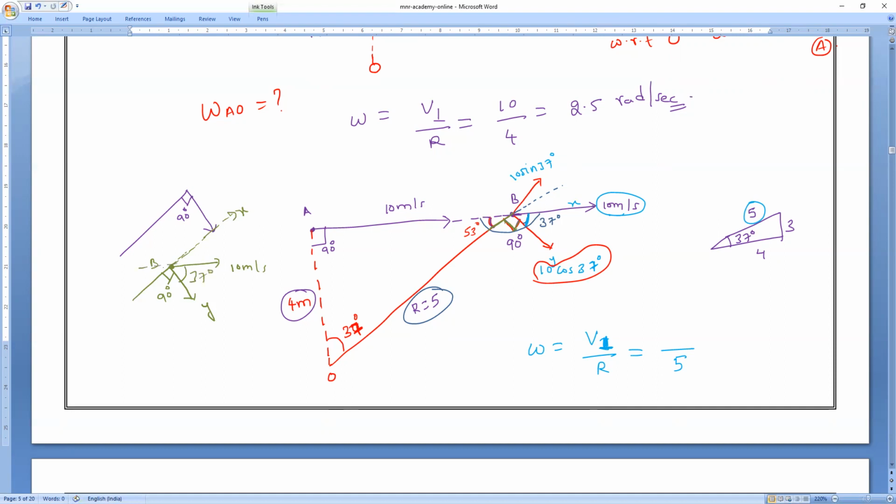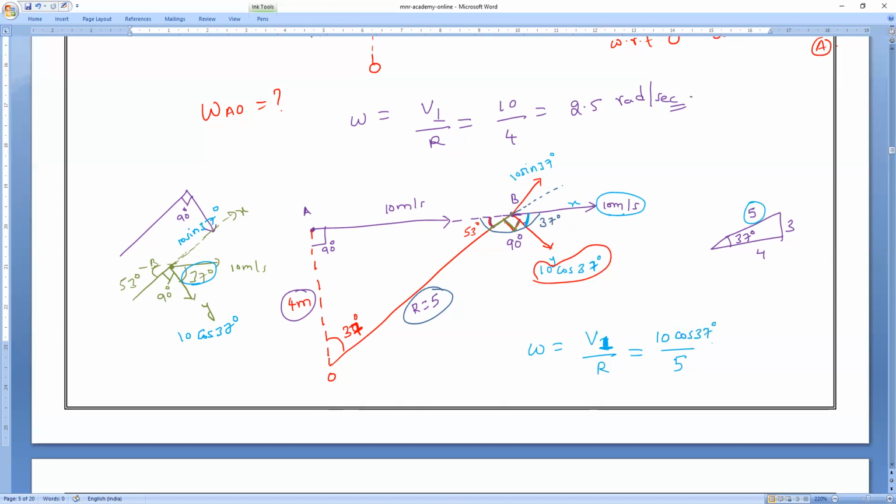Because we all know that this side is making how much angle? It is making 53 degrees. Then here is the 37. So here what will happen? Cos 37, 10 cos 37. And here what will happen? 10 sin 37. Okay. So V perpendicular means 10 cos 37.